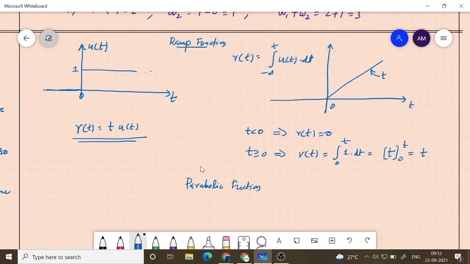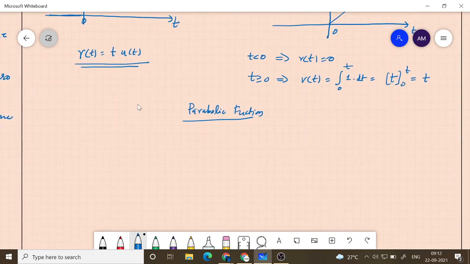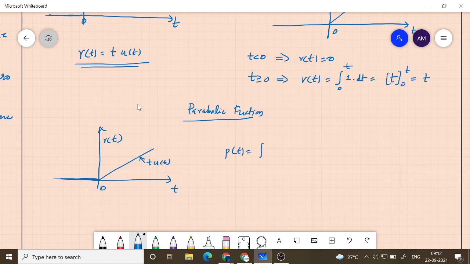What you do, you take your ramp function, so this is your r of t equal to t, which is equal to t u of t, for t positive, and before that it is 0. You take this function and integrate. So p of t is equal to the integral from minus infinity to t of r of t dt.